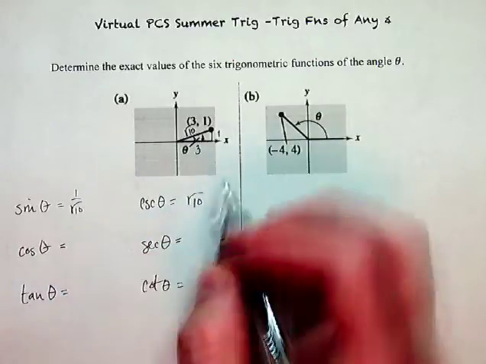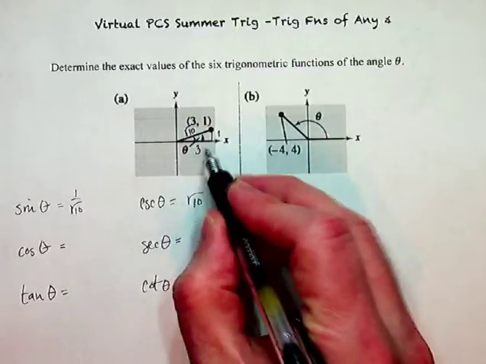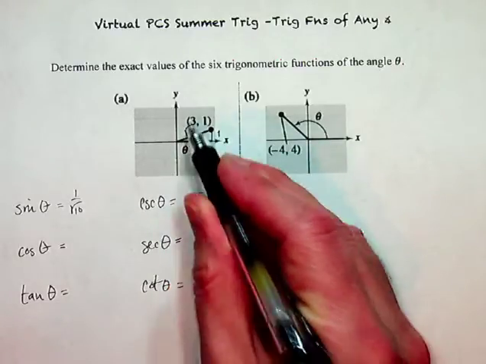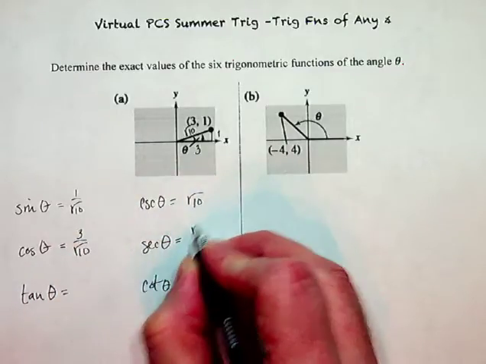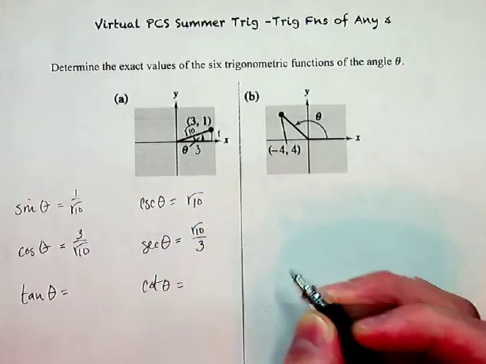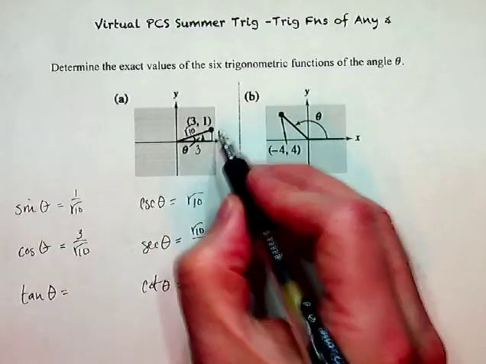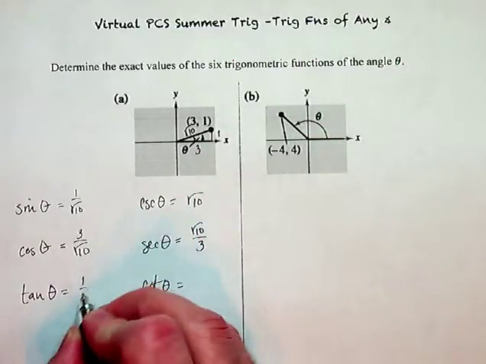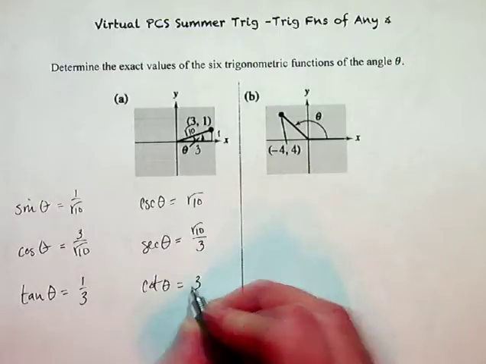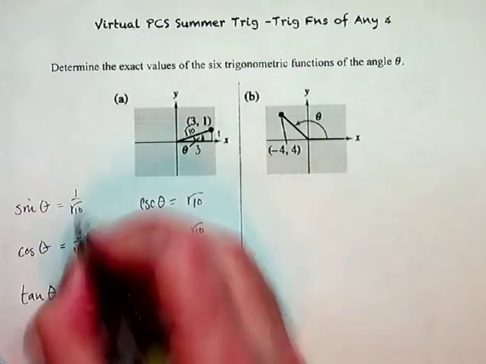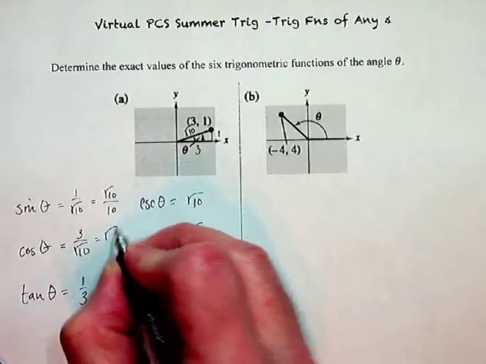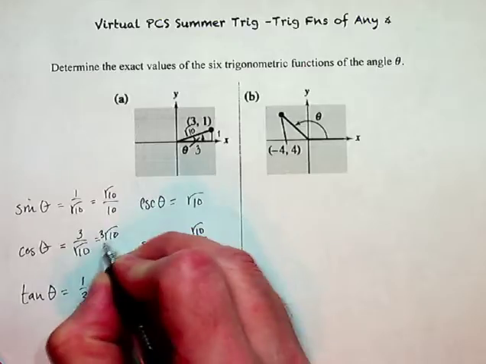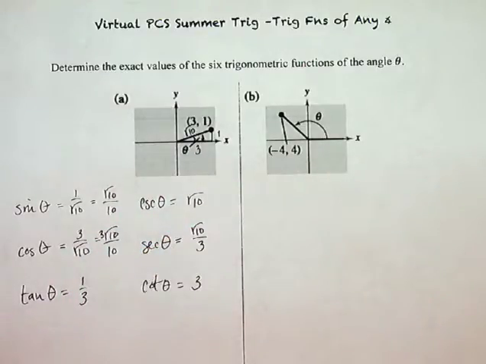Cosine is, instead of 1 over root 10, the adjacent, or 3 over root 10. And this is going to be root 10 over 3. Tangent is the opposite over the adjacent, which is 1/3, and cotangent is 3 over 1. Now, of course, we're going to rationalize these denominators. And we get 3 root 10 over 10 right here. And those are going to be our 6 trigonometric values, our ratios.